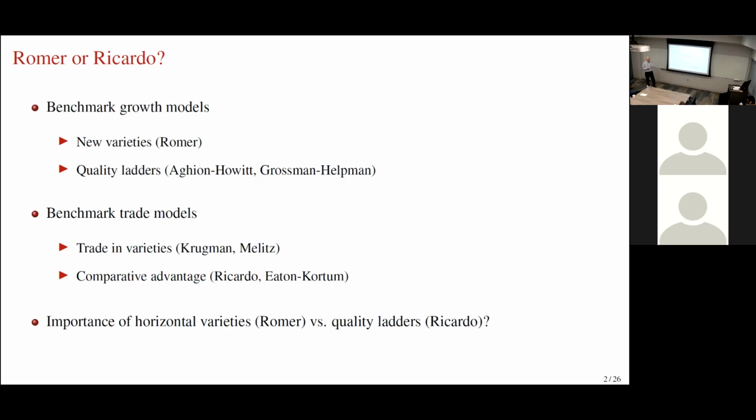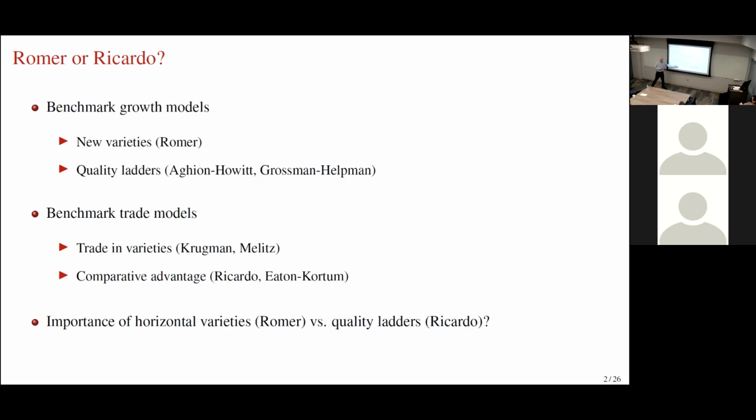So one thing, partly thinking Sam's here: Eaton-Gordon have an older paper that did unify, whatever year, doesn't matter. His stock market paper in Econometrica is a really nice paper that had quality ladder driven growth with the Eaton-Gordon trade framework. So what's different here is that we're doing two things differently.